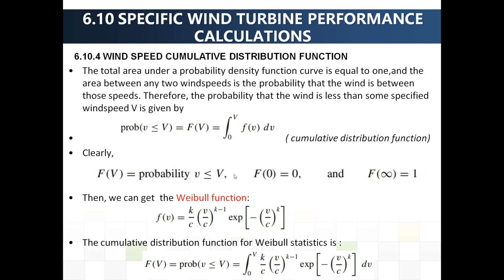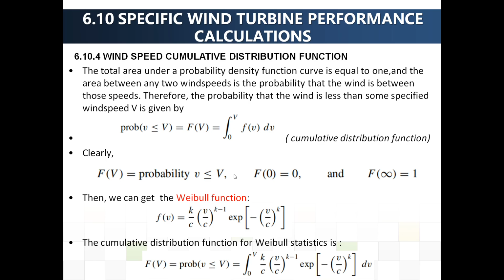Section 6.10.4 Wind speed cumulative distribution function. The total area under a probability density function curve is equal to 1, and the area between any two wind speeds is the probability that the wind is between those speeds.